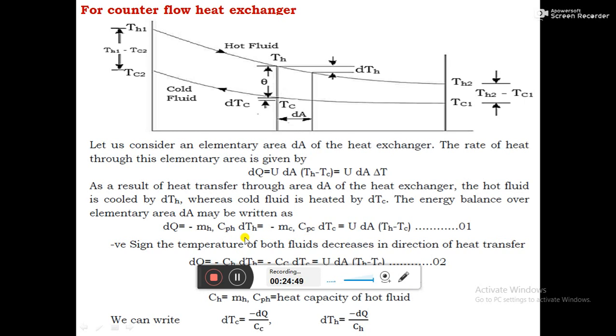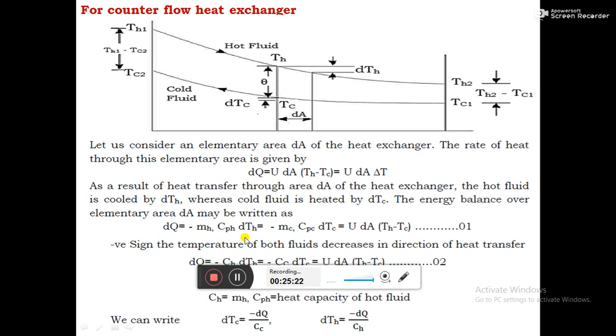mh into cph can be replaced by a term Ch, which gives the heat capacity of the hot fluid, and mc into cpc can be replaced by a term Cc, which gives the heat capacity of the cold fluid. Therefore, dq equals minus Ch into dTh equals minus Cc into dTc equals U into dA into (Th minus Tc), called equation number 2.